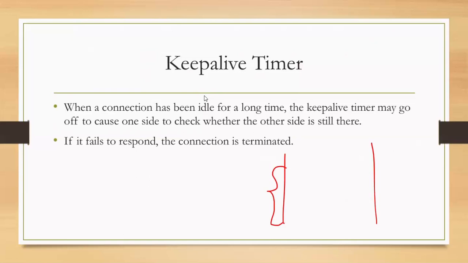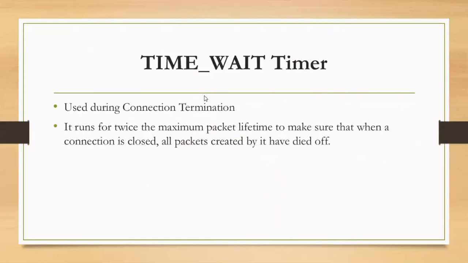If this timer times out, it will send a query to the other party, and if the other party responds, then it is alive. Otherwise, the connection is terminated. So this is the keep alive timer. It's not used in all versions of TCP. Certain versions use this.